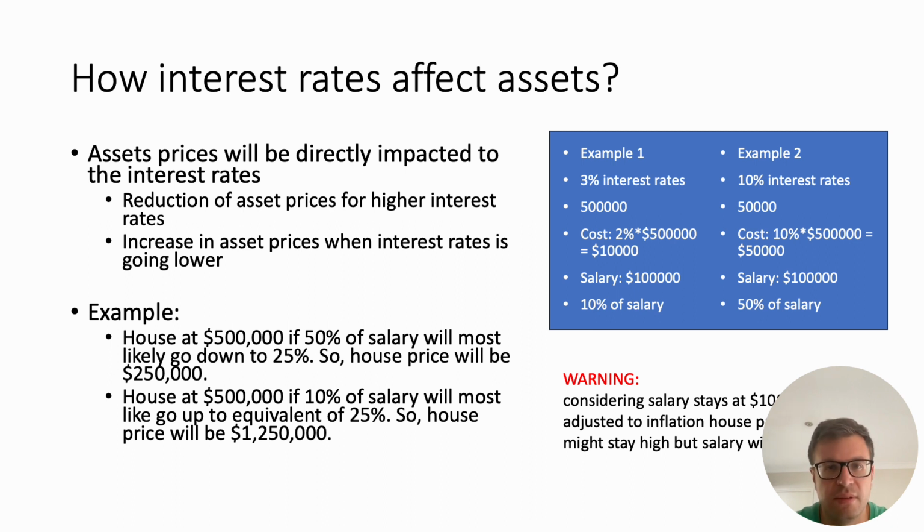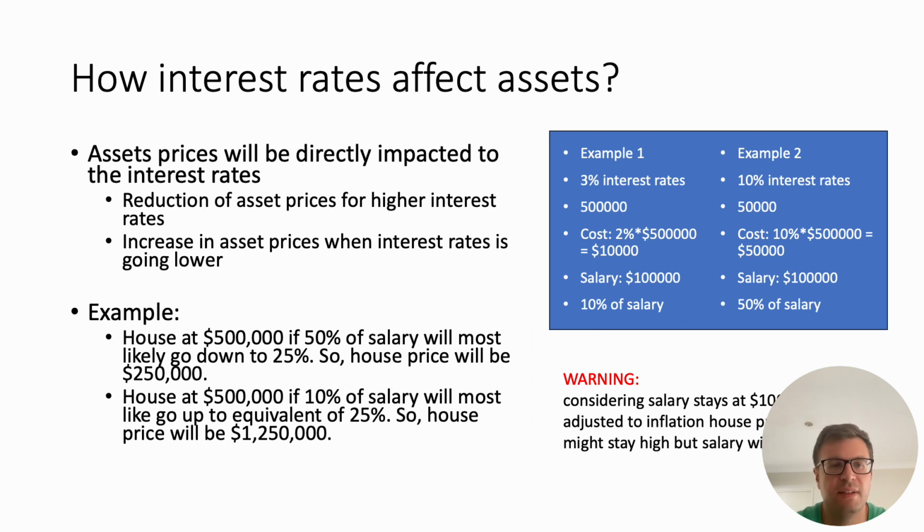So example 2 will most likely go down to 25% because it's a more reasonable cost of housing. So it should get to 250,000 in an average middle environment.